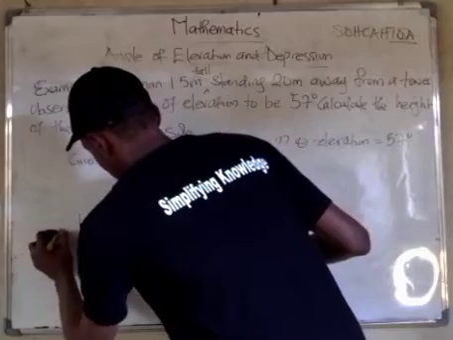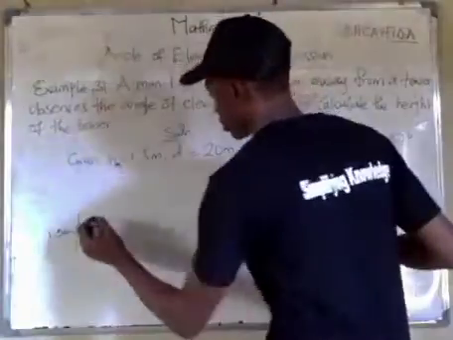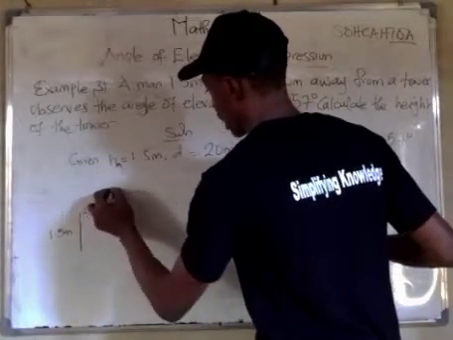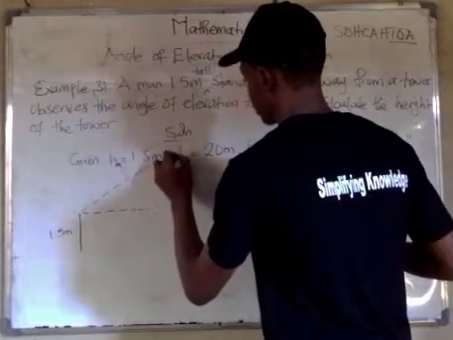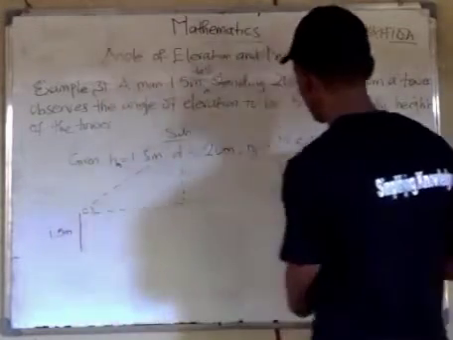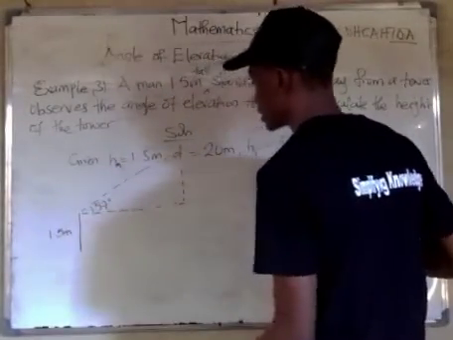Let's write the 1.5 meters here. And now, the angle formed from the line of sight of the man to the top of the tower is what? The angle given, which is the angle of elevation, is 57 degrees.